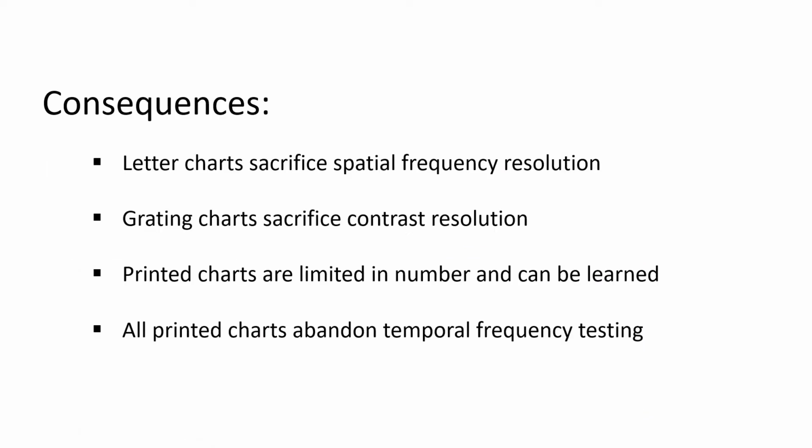However, the letter charts sacrifice spatial frequency resolution, and the grating charts sacrifice contrast resolution. In addition, the printed charts are limited in number and can be learned by the observer. They also abandon temporal frequency testing.